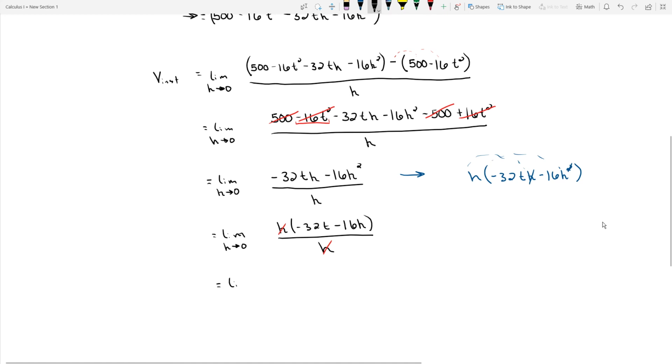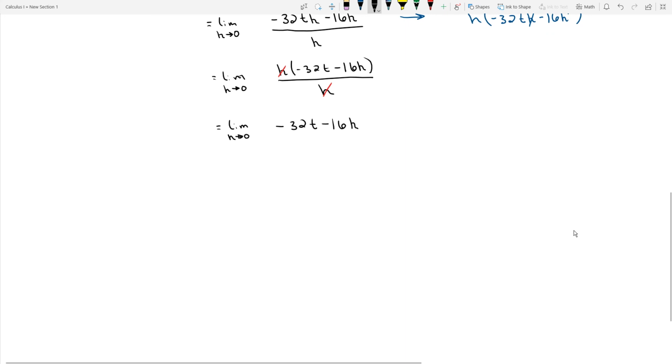And now we have the limit as h approaches 0 of negative 32t minus 16h. Now we can substitute our h as the value 0. So we don't need to bring the limit down anymore. We're just going to substitute and say negative 32t minus 16 multiplied by 0 gives us our slope equation at any point along that trajectory.